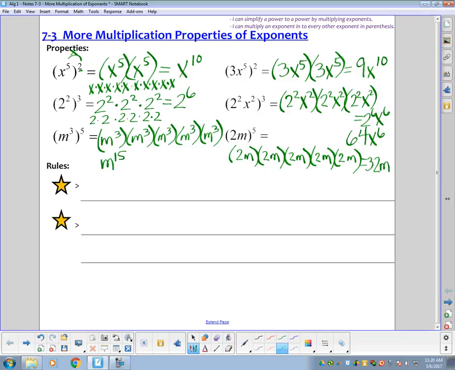How many m's? 5. Or we could have started with 2 to the 5th, m to the 5th, and then simplified 2 to the 5th. That's 32.